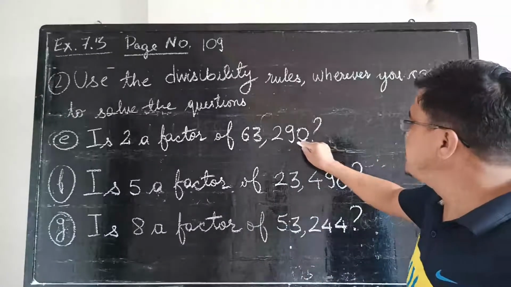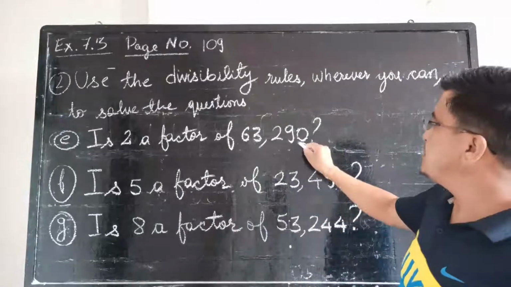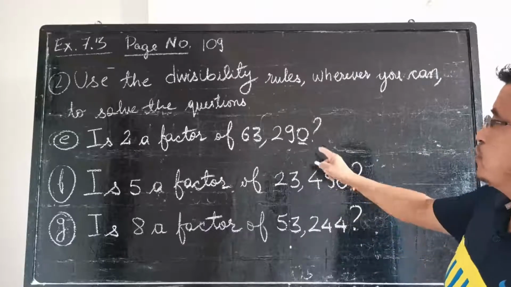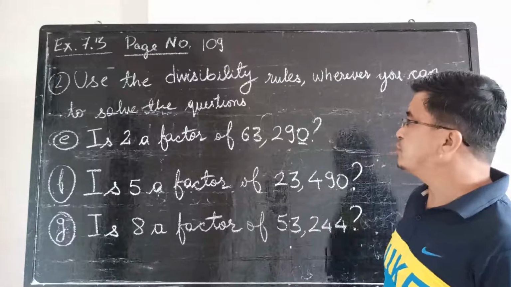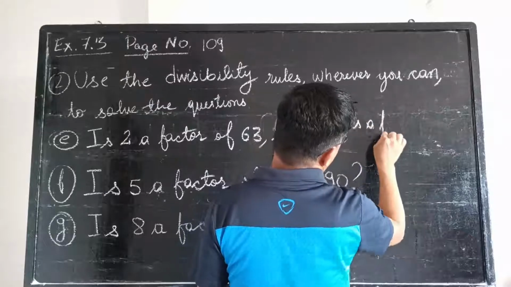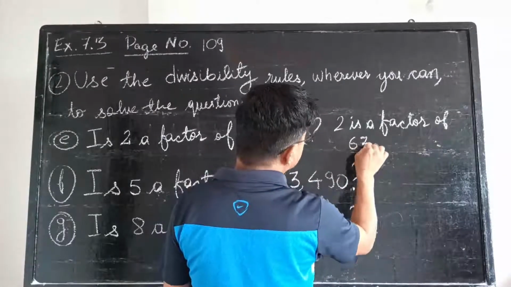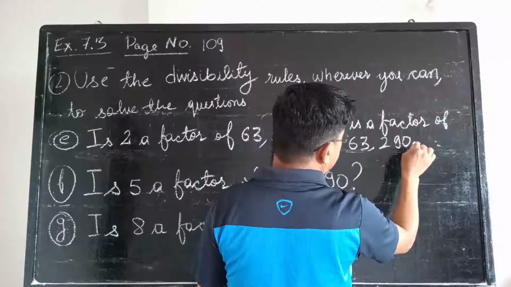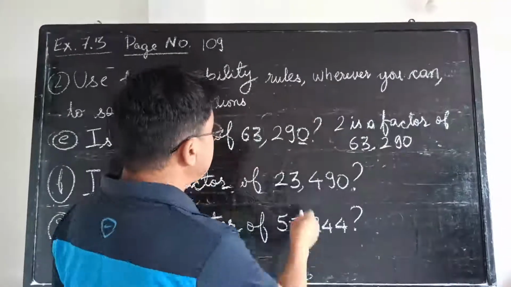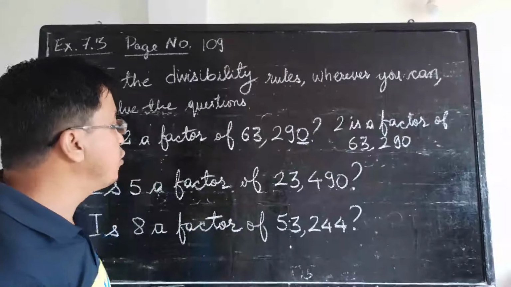Since here the last digit is 0, 2 can divide this number exactly with no remainder. So 2 is a factor of 63,290.